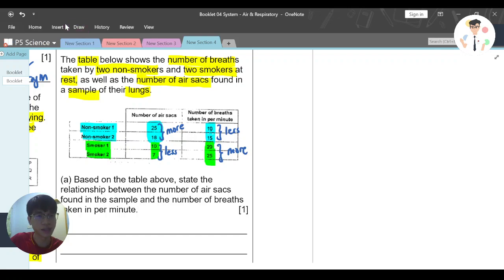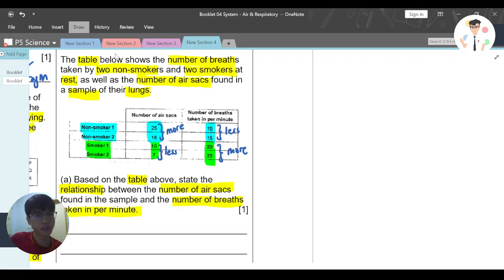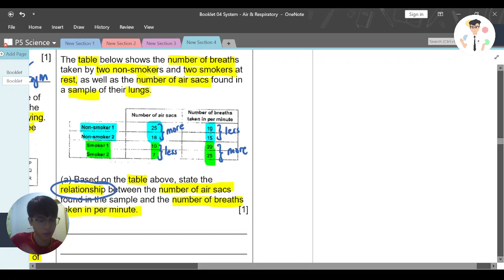I'll explain B. A. Based on the table above, state the relationship between the number of air sacs found in the sample and the number of breaths taken in per minute. Again, when we see the word relationship, some of the common words we can use is "as". This happened, what? Then it happened. Okay, so example is the number of air sacs and the number of breaths taken per minute.